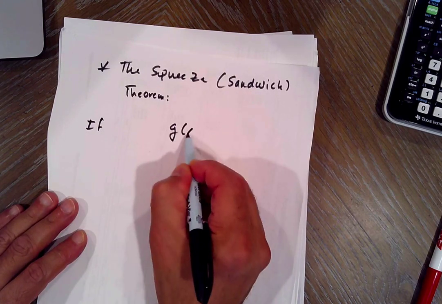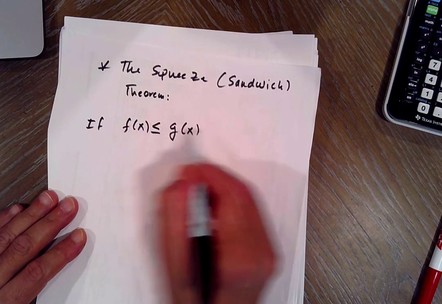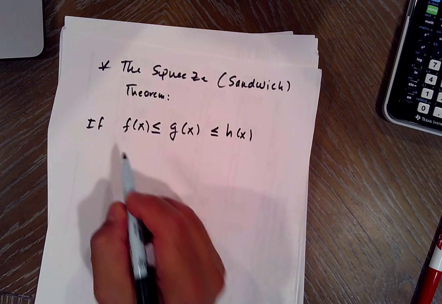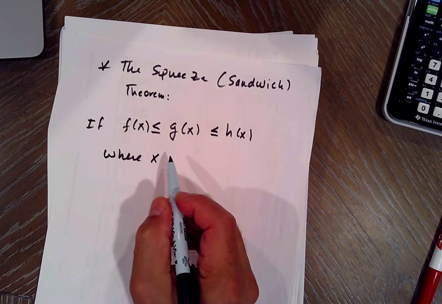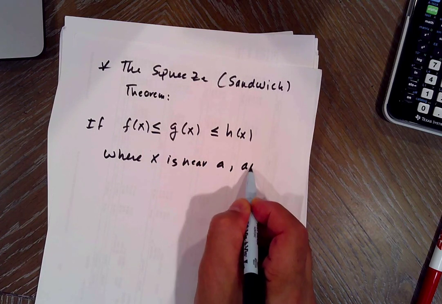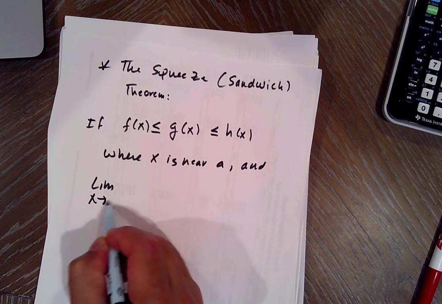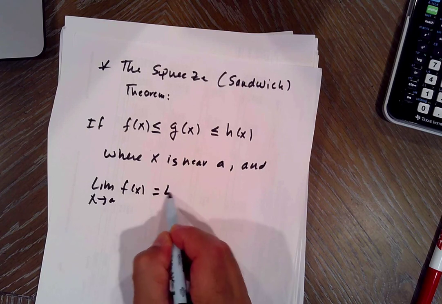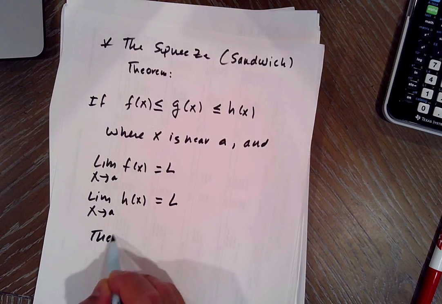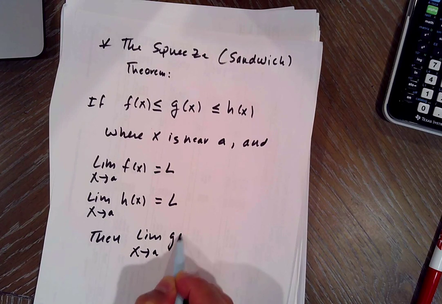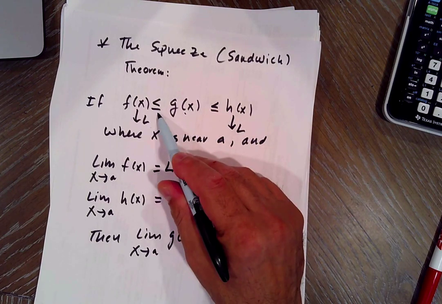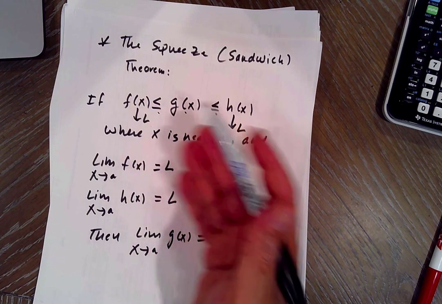If you cannot find the limit of a function, and this function is squeezed between two other functions whose limits are known, that is, if g of x is between f of x and h of x where x is near a, and the limit as x goes to a of f of x equals L, and the limit as x goes to a of h of x equals L, then the limit as x goes to a of g of x equals L. So if this goes to L and this goes to L, then g of x is greater than or equal to L and less than or equal to L, so it must equal L. We're talking limit-wise.